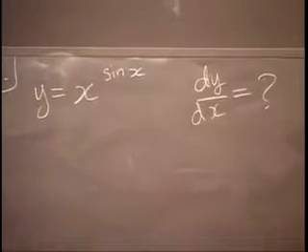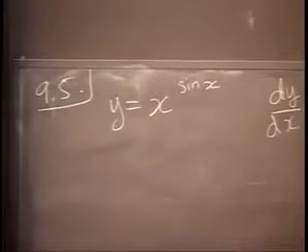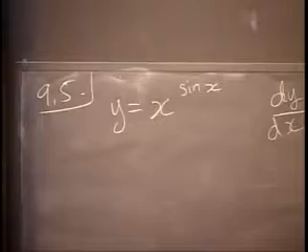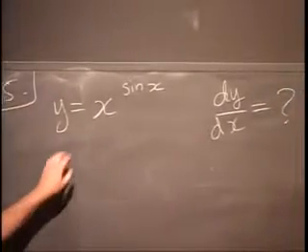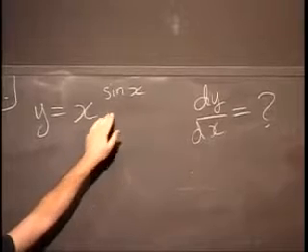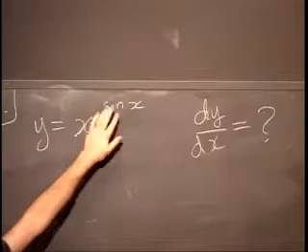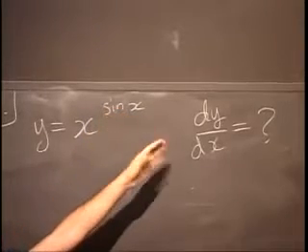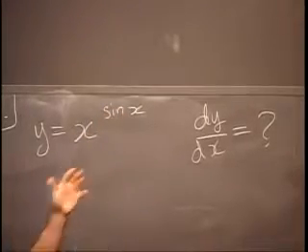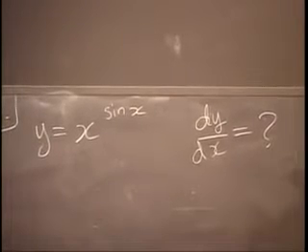How do I find dy/dx? I've got a problem. The reason is it's x to the something, but that something is not constant. It's not x cubed or x to the 7th or x to the half. Nor is it e to the sine x. If it was e to the sine x, I could just use the chain rule. So, I have to do something clever. And that something is logarithmic differentiation.